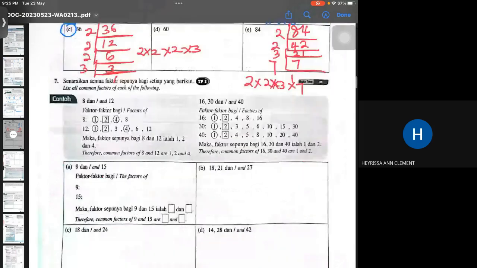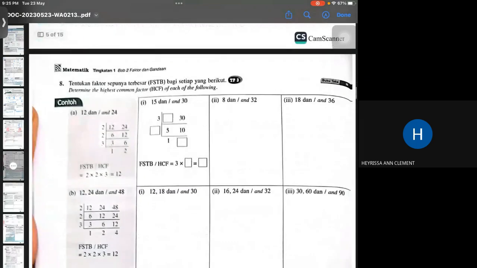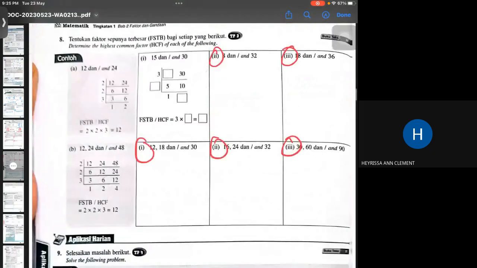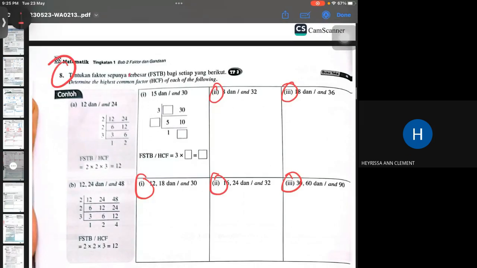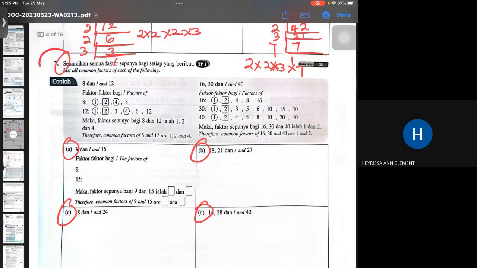Okay, this one you do as your homework. Next week, I'm going to check with you. So you must show me your exercises. Just snap pictures with your phone and then share screen. I want to check. Okay, question number 8. Question number 7.